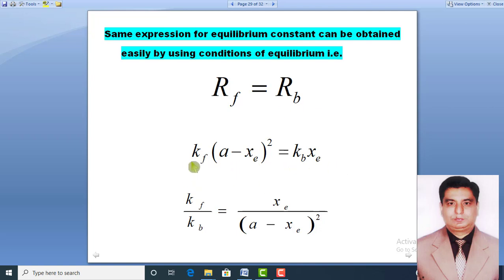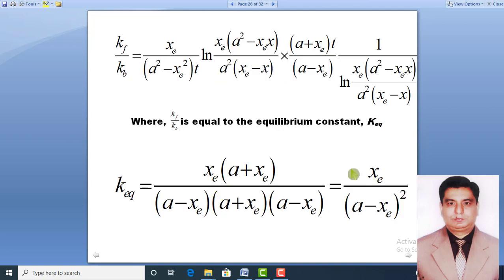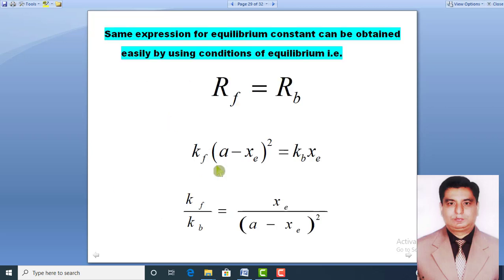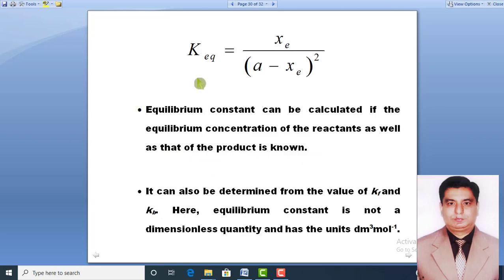By just dividing Kf with Kb, you will get the value of xc over a minus xc square, and this ratio is the same as you found by using the kinetics of the reaction. Therefore, this equilibrium constant will be equal to xc over a minus xc square.